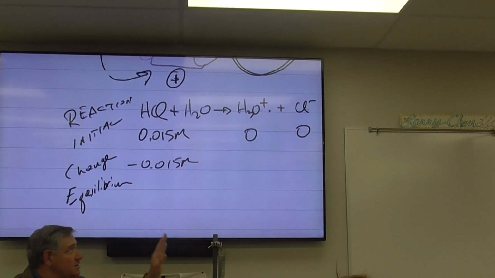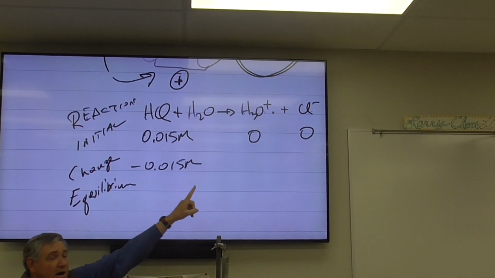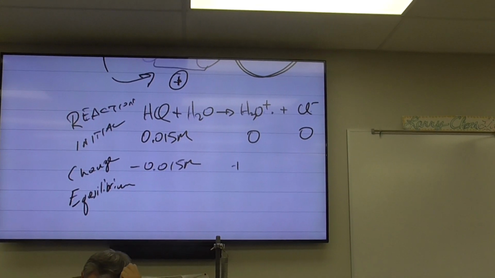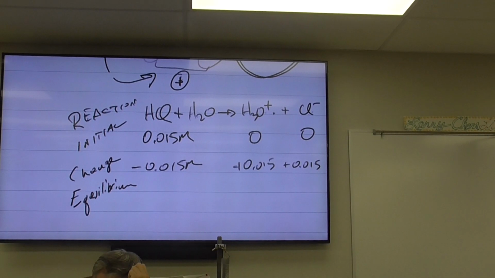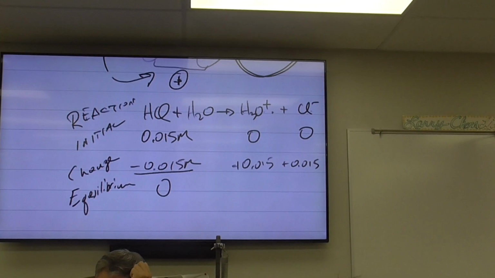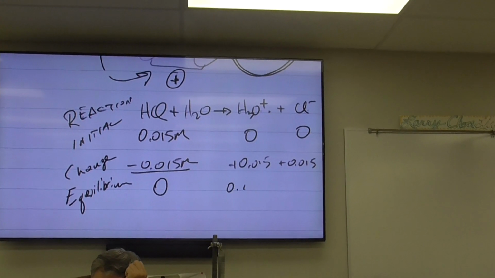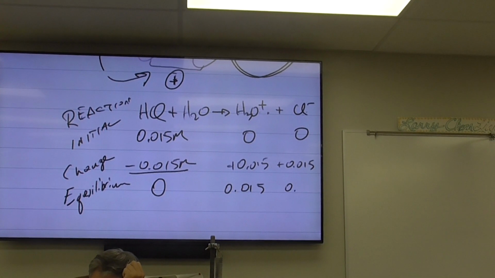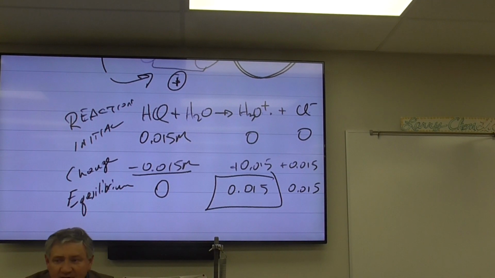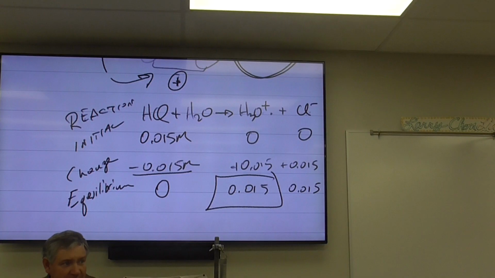But whatever I lose here is what I have to gain over there. So this is going to be plus 0.015, plus 0.015. Check my math, but if I subtract this out, I get 0. This is 0.015, and this is 0.015. So this is what I'm after to calculate my pH.